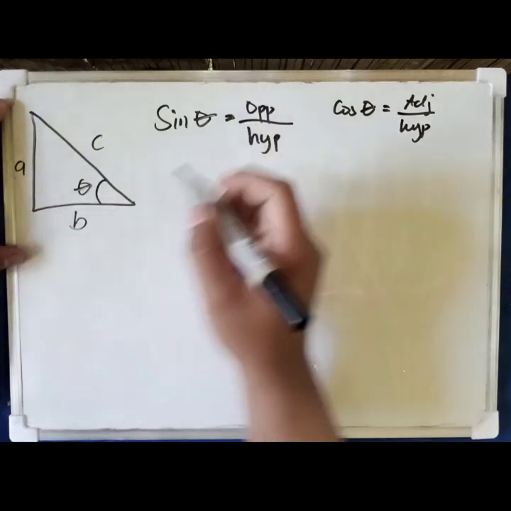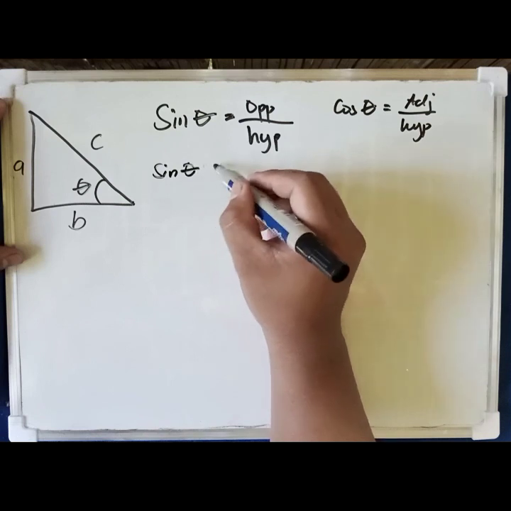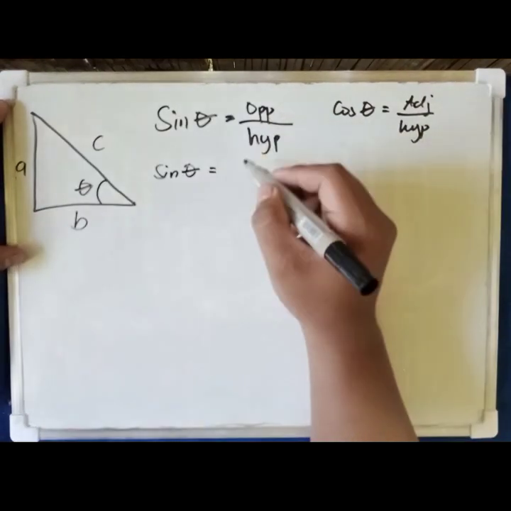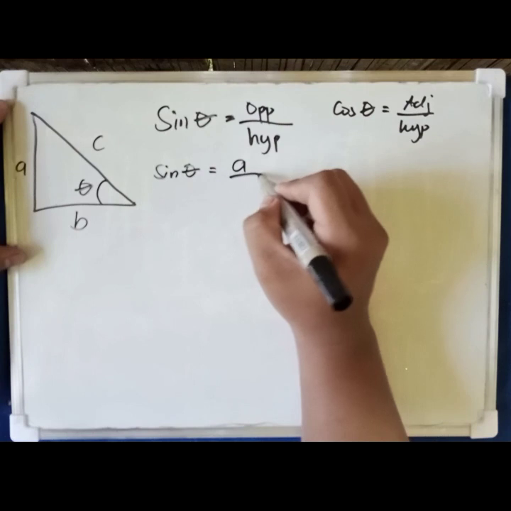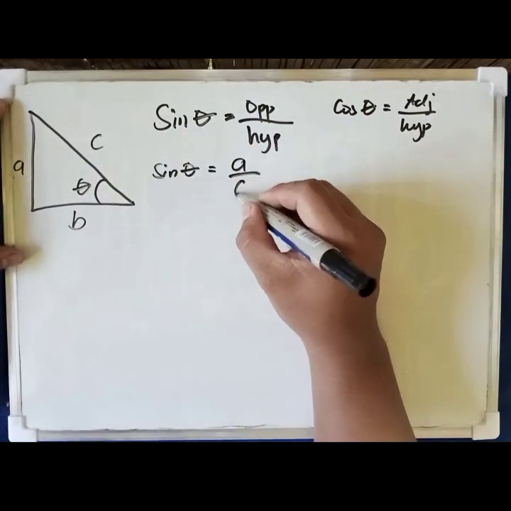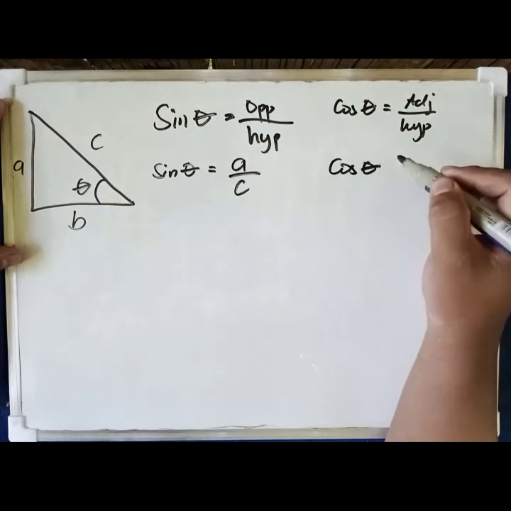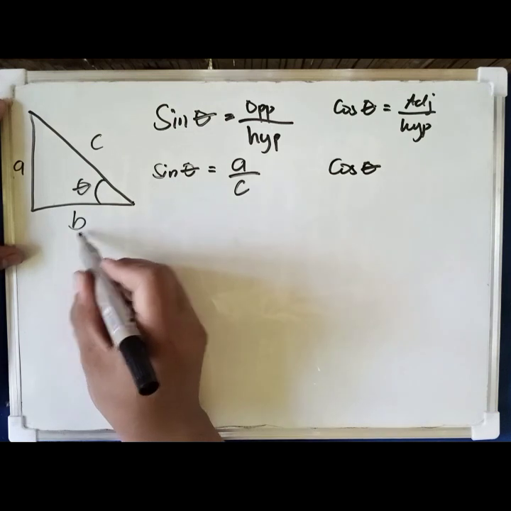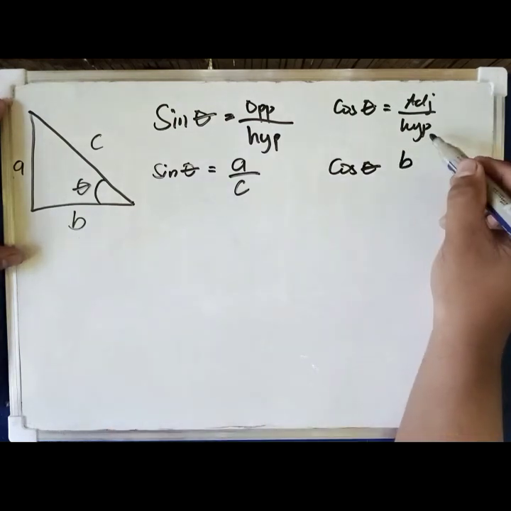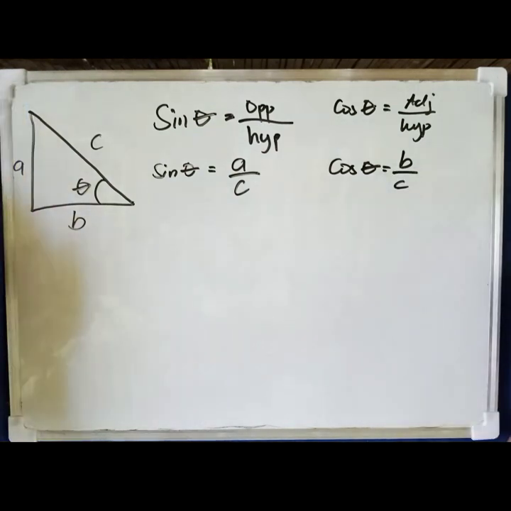So sine theta is equal to the opposite, which is A, over the hypotenuse, the side C, then the cosine theta, which is the adjacent over the hypotenuse, so B over C.